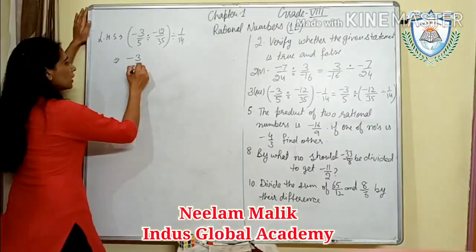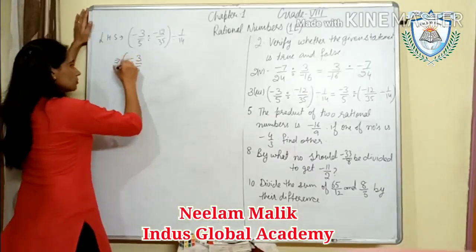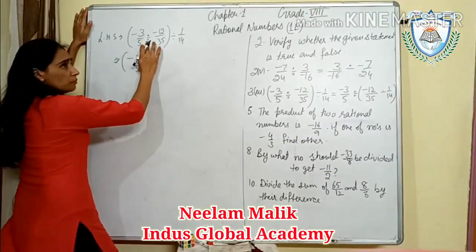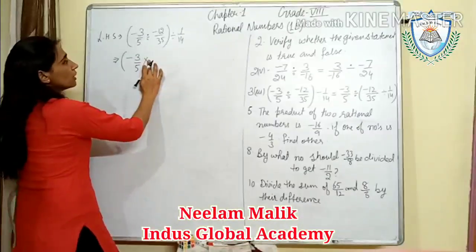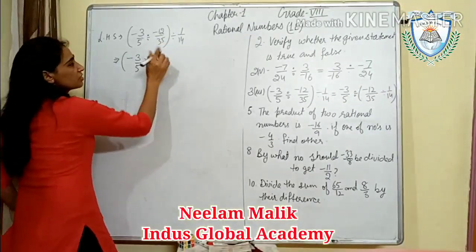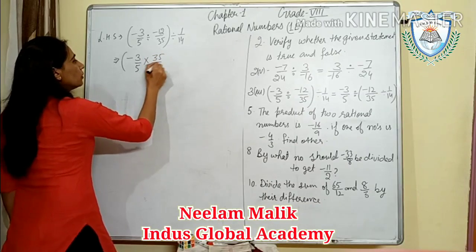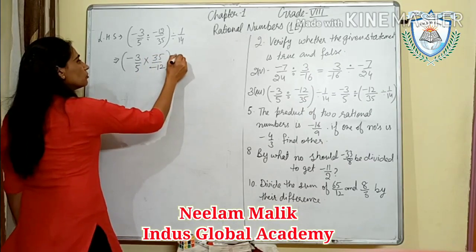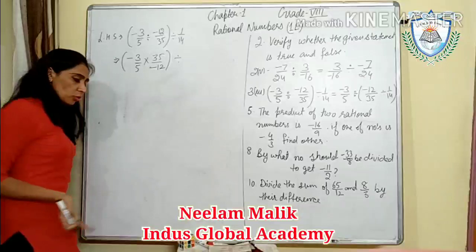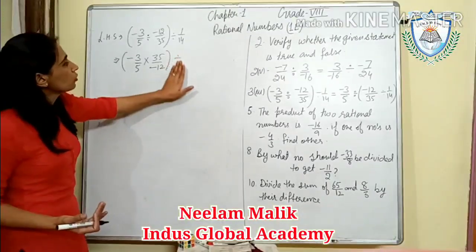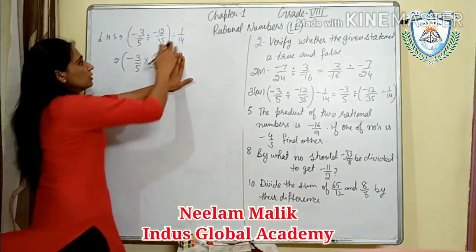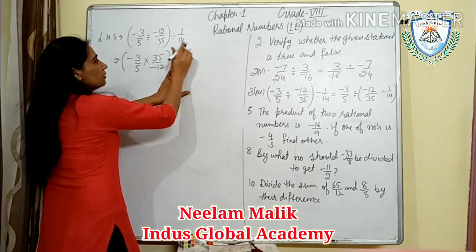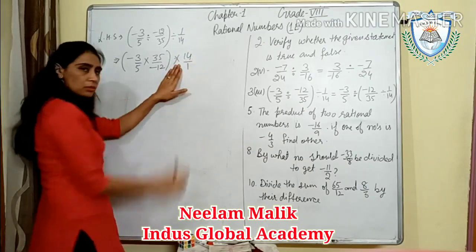Minus 3 upon 5. This is a division, so it will be converted into multiplication. Here it will be the reciprocal, that means 35 upon minus 12. This number will be as it is, or you can convert this also into multiplication with its reciprocal.